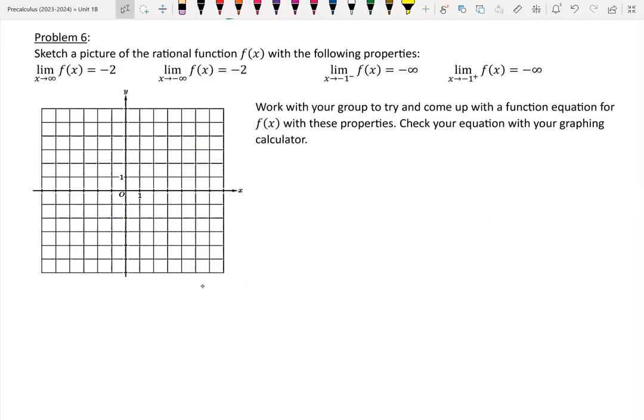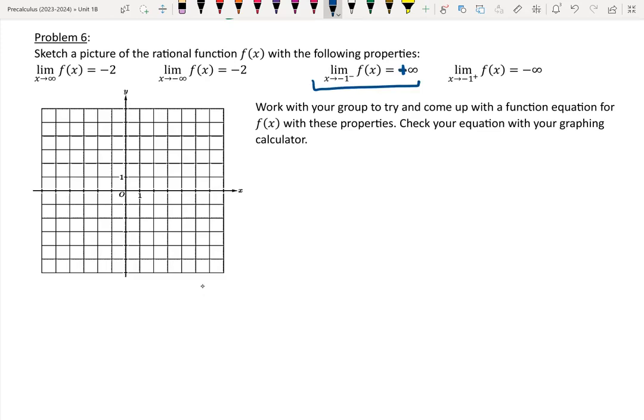All right, so let's go ahead and look at problem number 6. To make this problem work a little bit better, after I'd created the notes, I realized that this one, as it is right now, doesn't work out as well as it could. So we're going to go ahead and change just this one here to say that we're going to positive infinity.